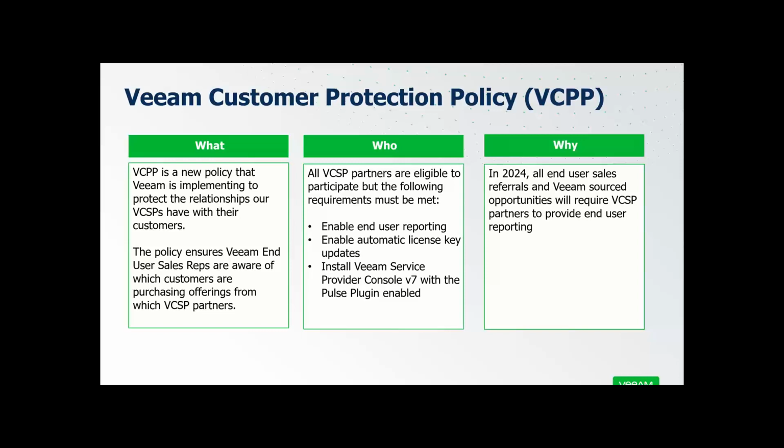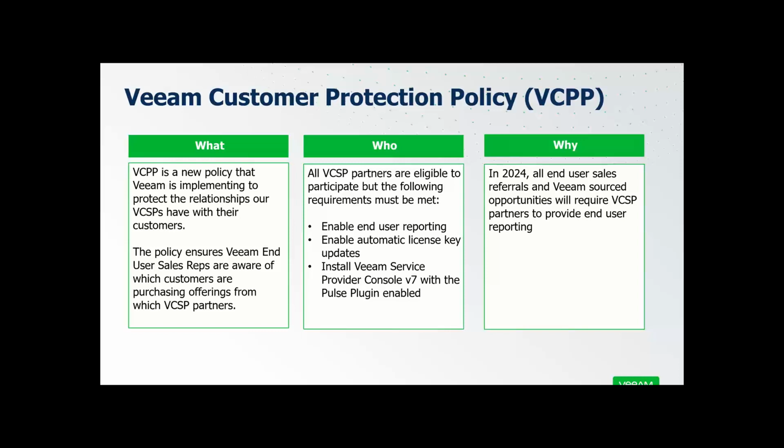And once we understand who those customers are, we can flag that in our internal systems. This means that any of our end user sellers, before they go and engage with a customer, they can see who the incumbent partner is by solution type. So for instance, if you're engaged with a partner for backup as a service, then that will show up on our systems. This means our sales teams know that the partner of choice is yourself and that they should engage with you first.